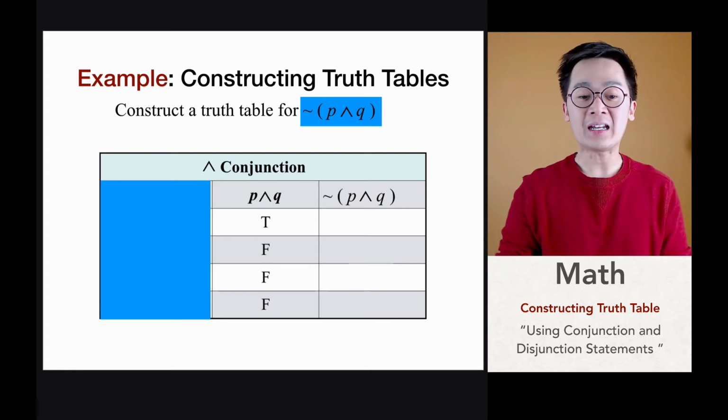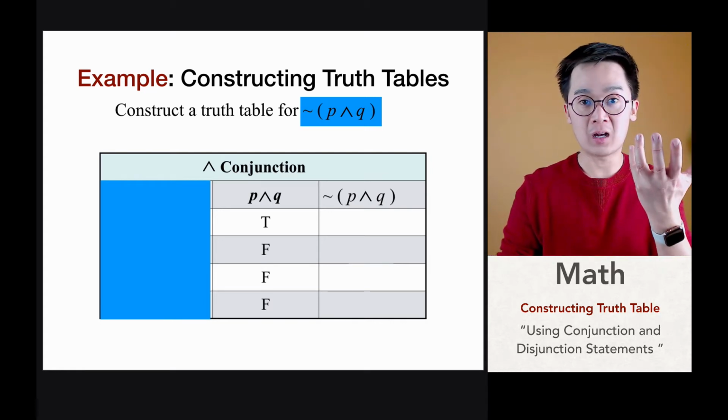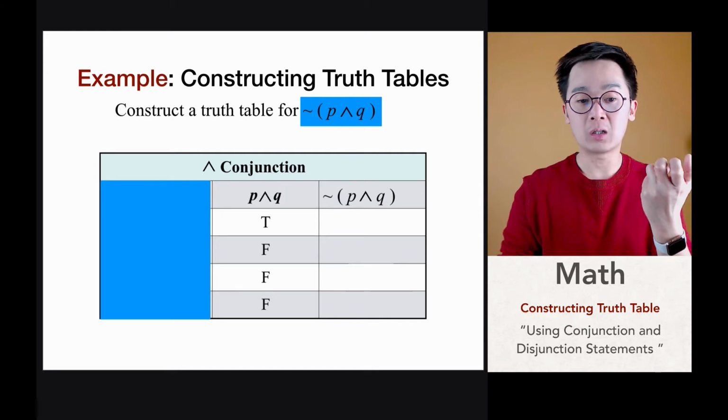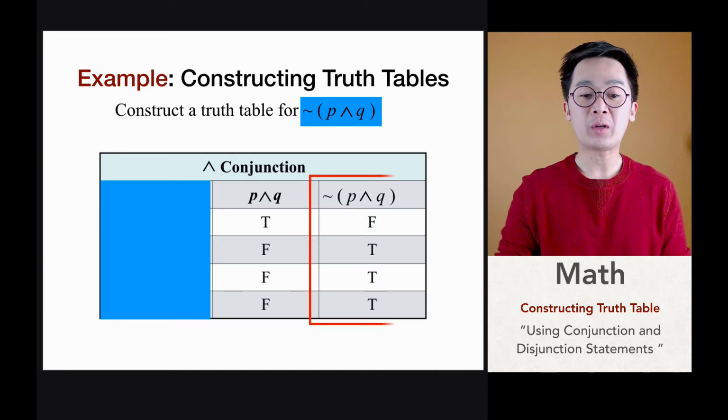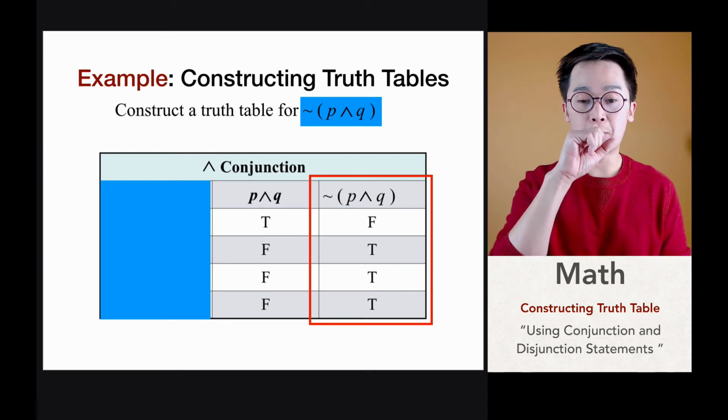If we negate it, it means we're going to find the opposite value of our truth table. So for the last column, not P and Q would simply be false, true, true, and true. So now we have the complete form of our truth table for this specific operation.